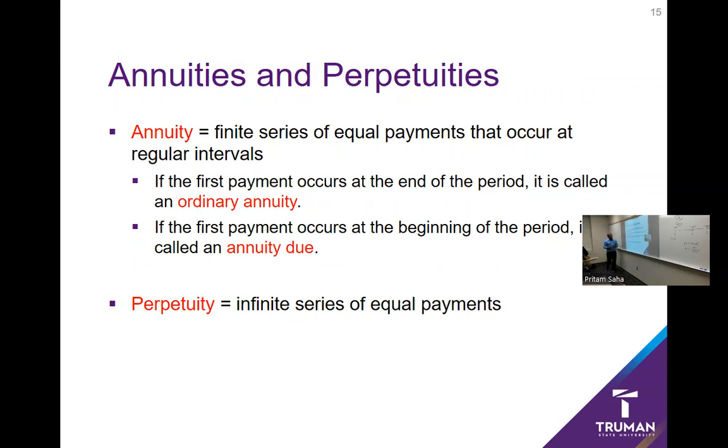Let me explain. Let's say you want to make an investment and you are going to receive $500 for the next 3 years. If nothing else is mentioned, you will receive $500, $500, $500: end of year 1, end of year 2, end of year 3. What kind of annuity is this?